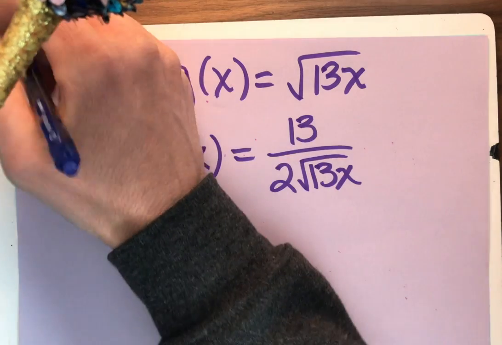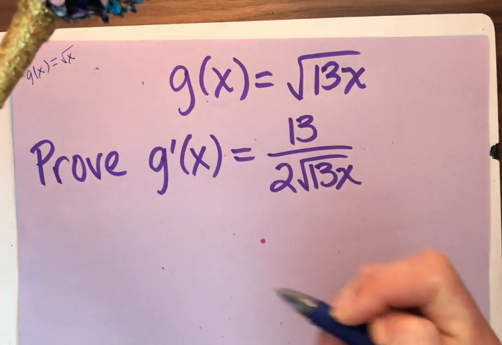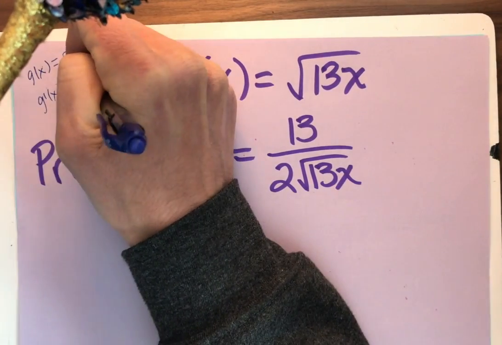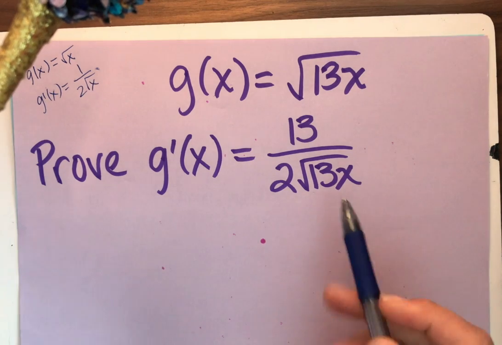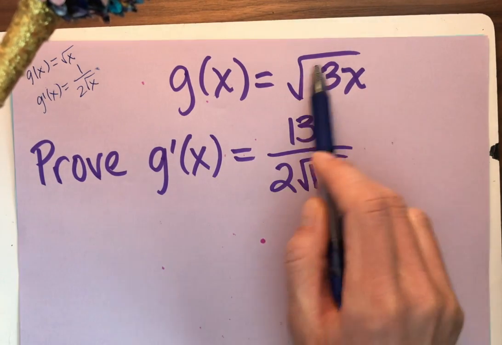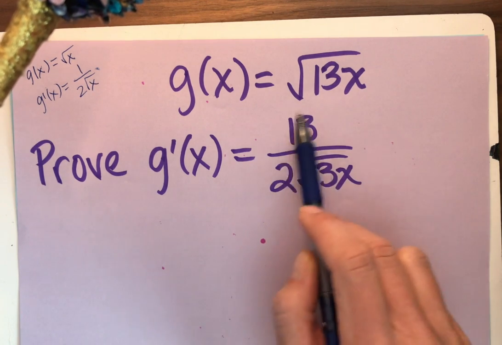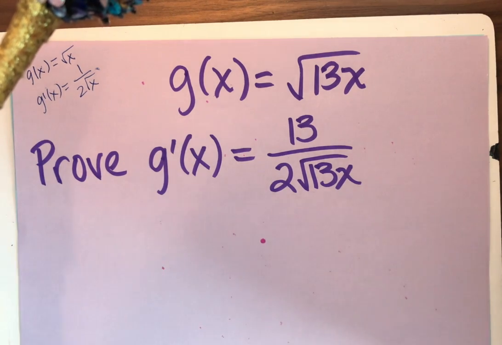So, just up here in the corner, when g of x was just the square root of x, g prime of x turns out to be 1 over 2 times the square root of x. Now, hopefully you're seeing that 2 root x. So there's a 13 here. When there is the 13 there, we end up with this 13 in the numerator. So some things to be noticing and thinking about.